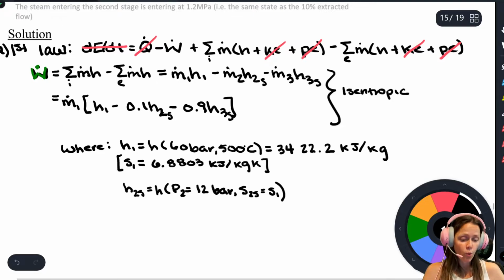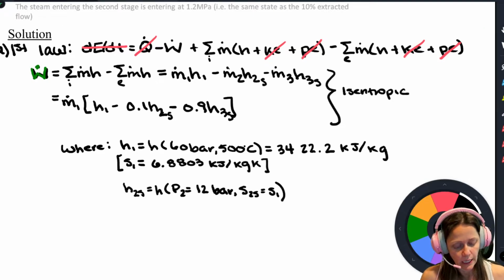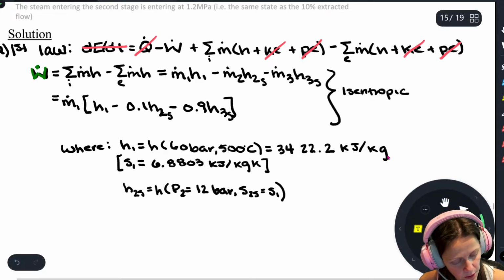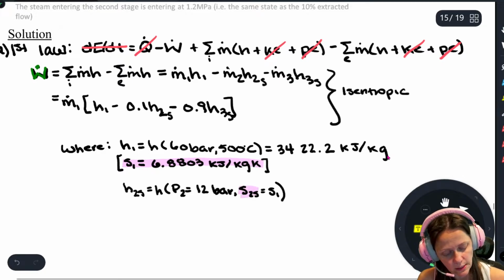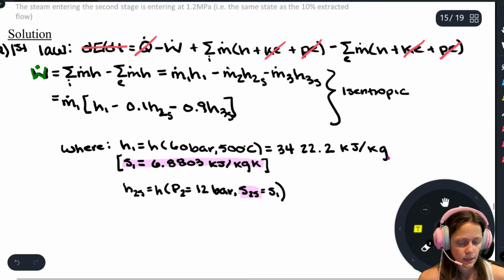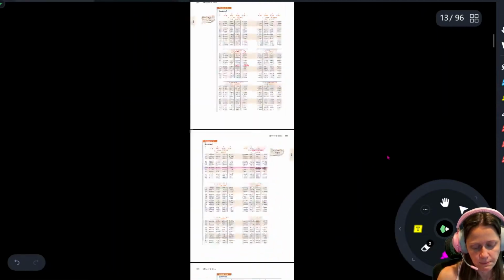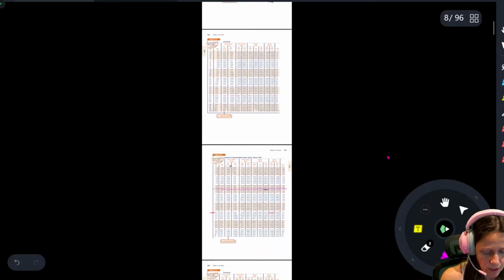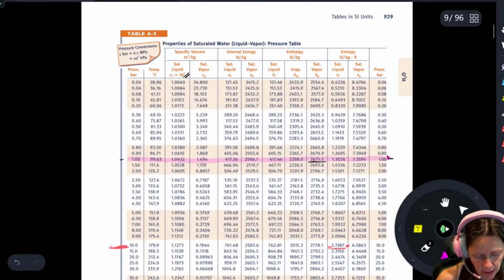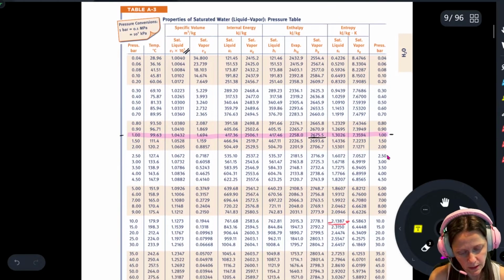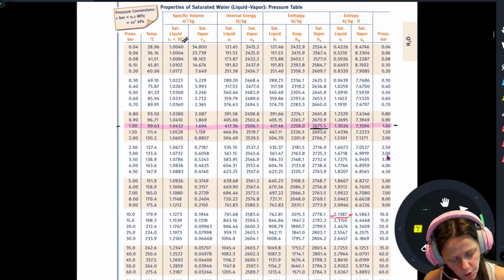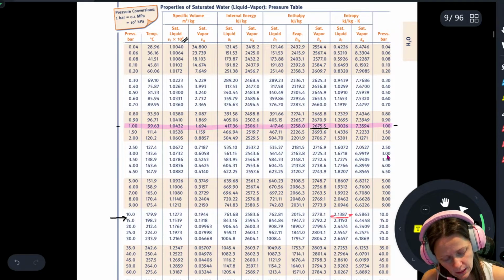So let's figure out what phase we're in. By the way, just highlight, this S1, same as this S2S. So let's go ahead and verify what state we're in. If I look in table A3, oh, it's not even on here, which is slightly annoying, but it'd be between 10 and 15.